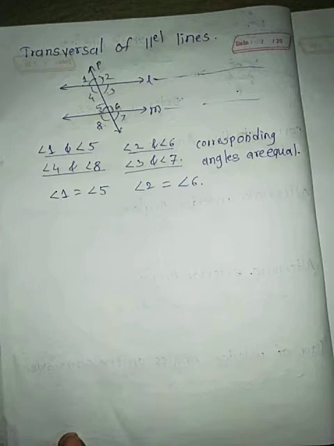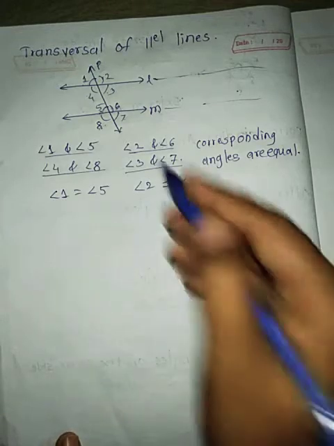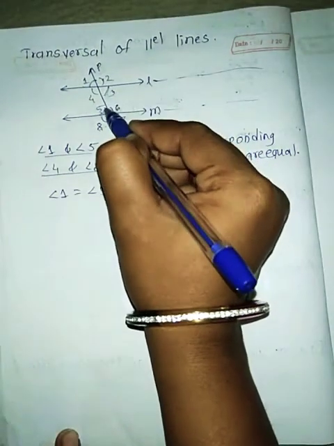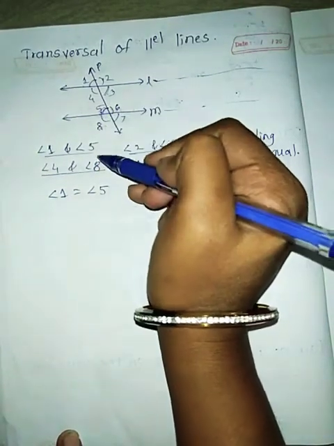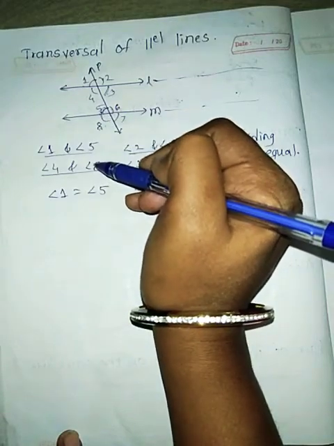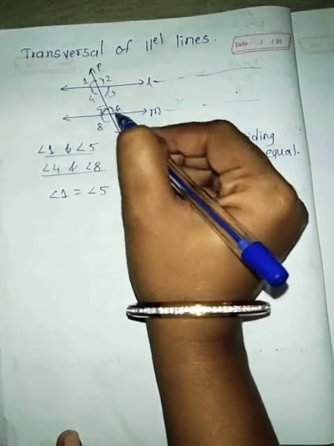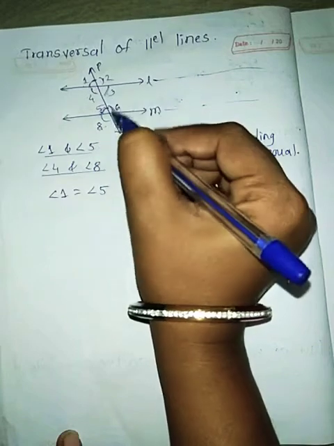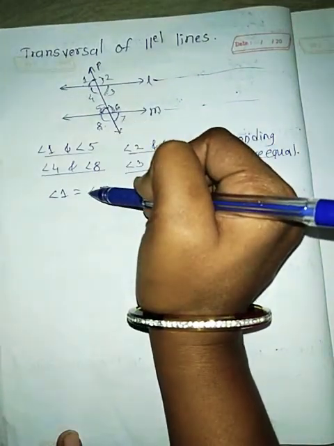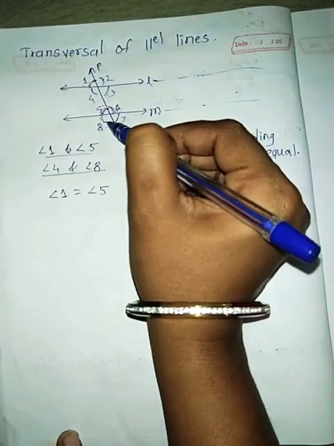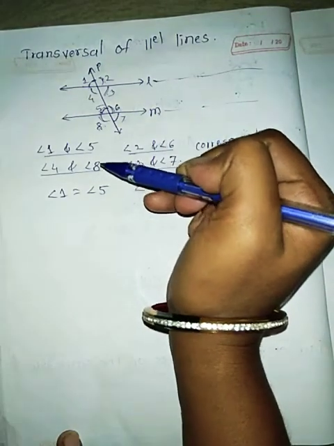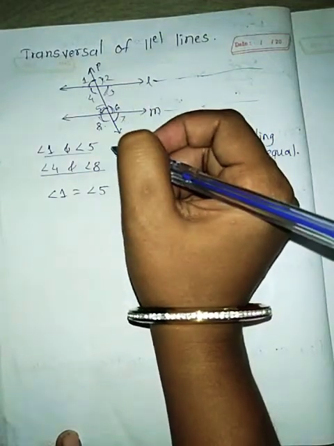Then next, alternate angles will also be equal. Alternate angles: 3 and 5 are alternate angles, 4 and 6 are alternate angles, 2 and 7, and 2 and 8 are alternate angles.